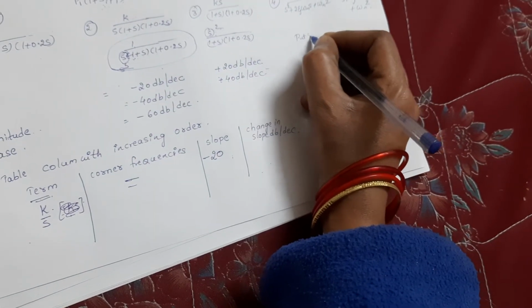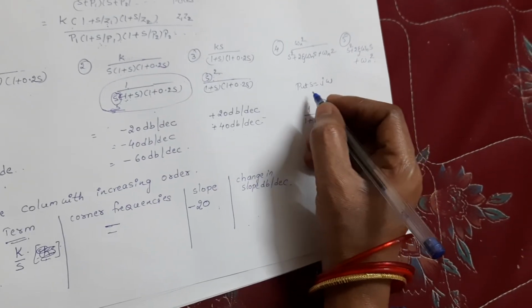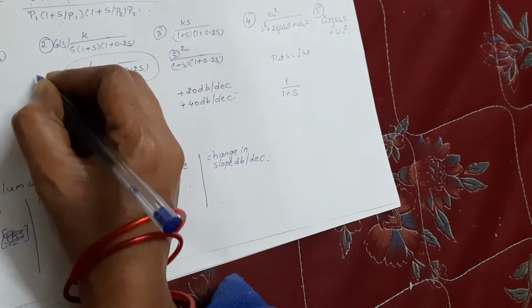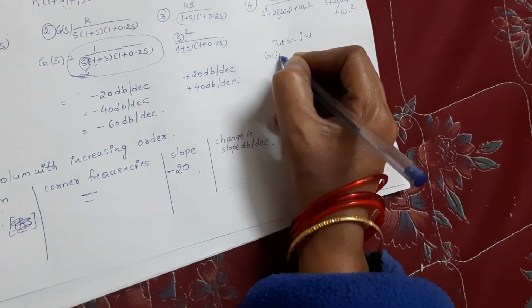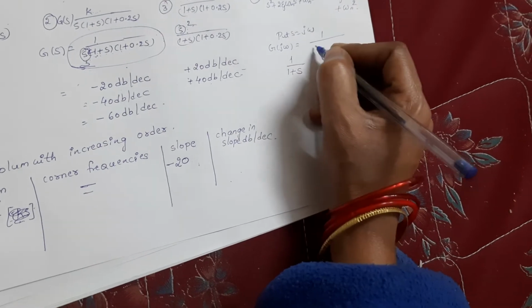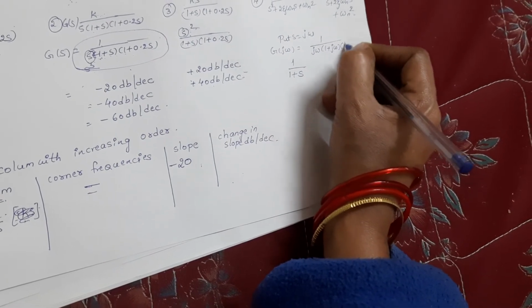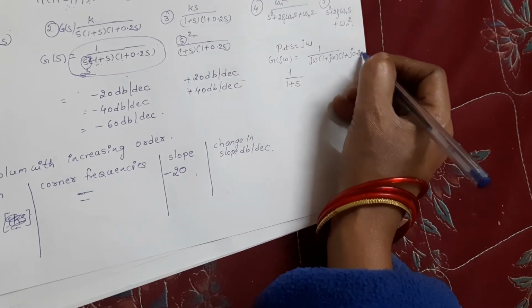Put S equals j omega. So G of S becomes G of j omega equals 1 by j omega into 1 plus j omega into 1 plus j 0.2 omega.